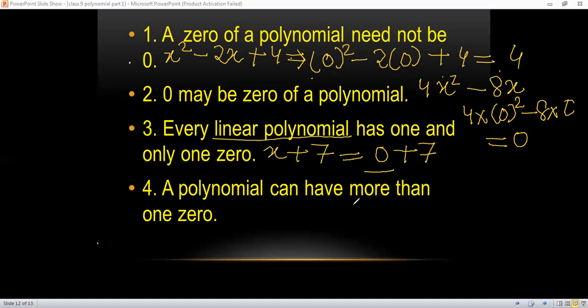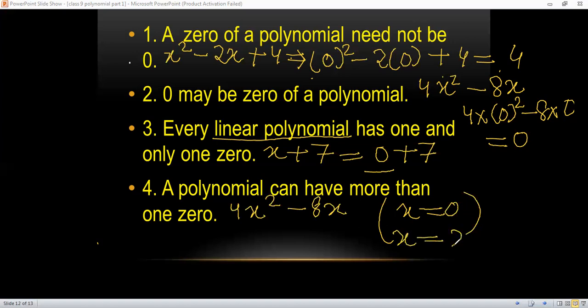A polynomial can have more than one zero. Suppose I take the expression 4x square minus 8x and I put x equal to 0. Here if I put x equal to 0, I will get 0. And if I take x equal to 2, for that also I will get 0.